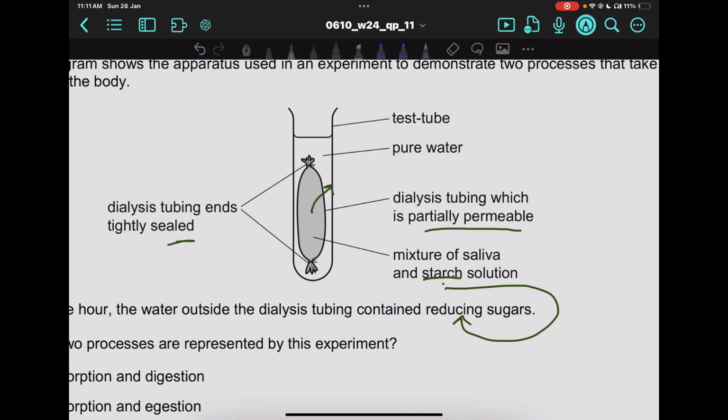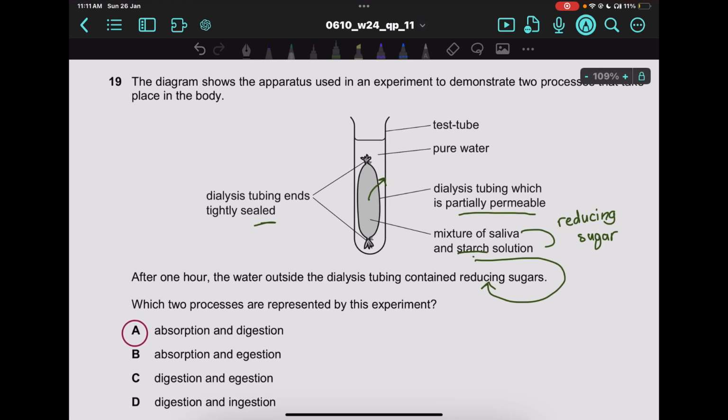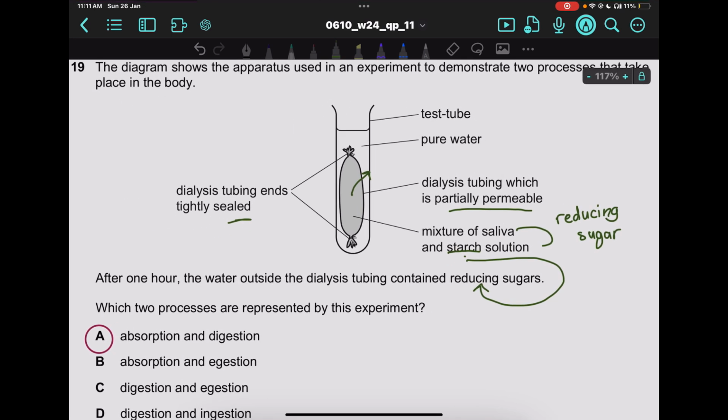Saliva will break down the starch to produce reducing sugars. So we should expect that after a while, the dialysis tubing will release the reducing sugars through the partially permeable membrane. So this is basically showing digestion.